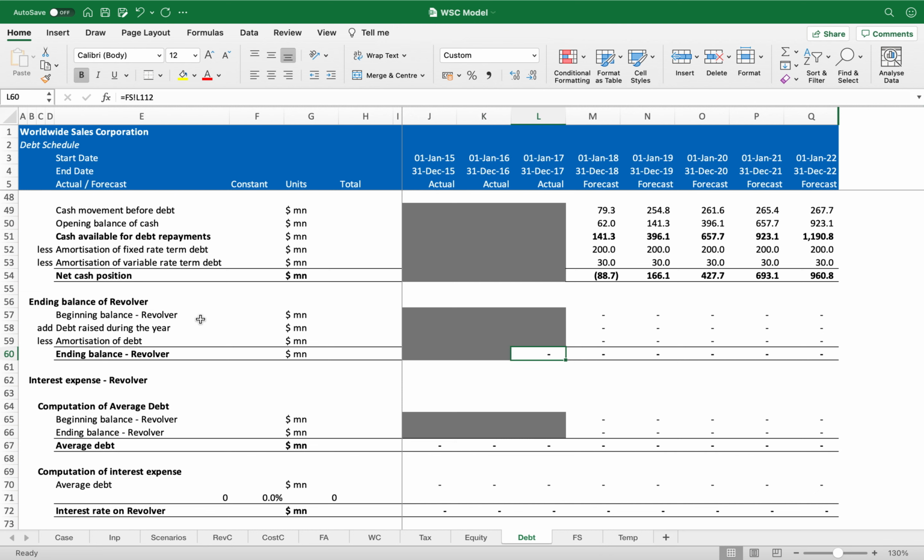So now you'll see my average rate term debt, variable rate term debt will be replaced by revolver. So press Ctrl H, find and replace.